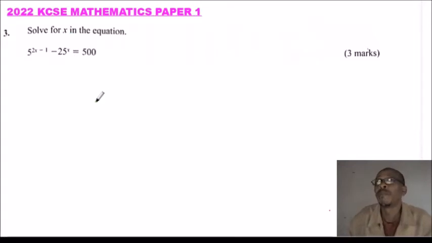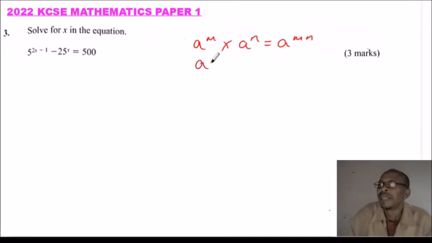We are told to solve for x in the equation 5 to power 2x minus 1 minus 25x is equal to 500. Looking at the question, we are going to apply the knowledge of indices which you learned in Form 4. So we have the 3 rules of indices. If I remind you, a to power m multiplied by a to power n is equal to a to power m plus n.